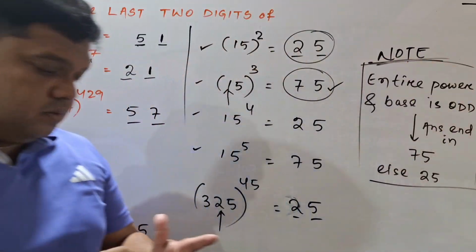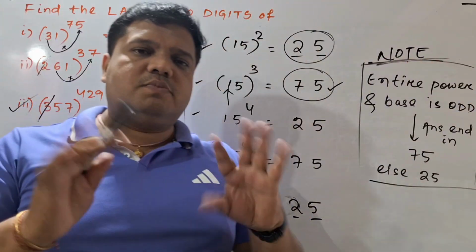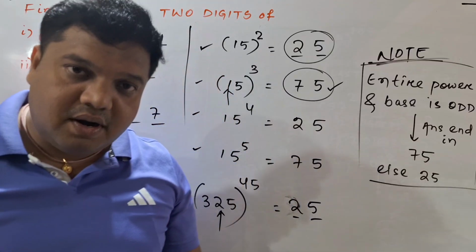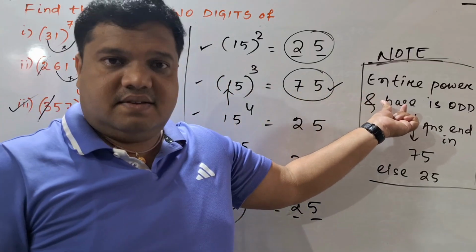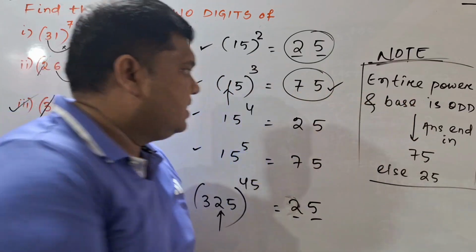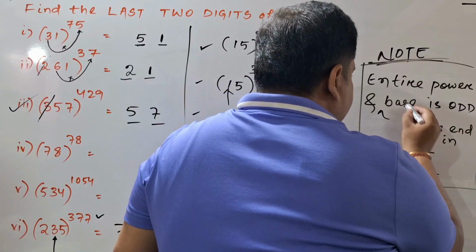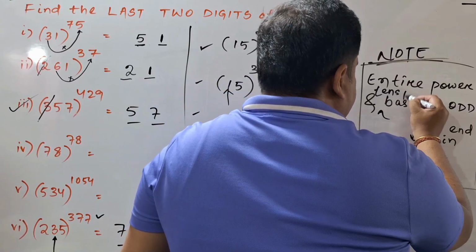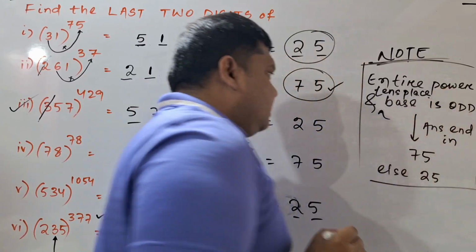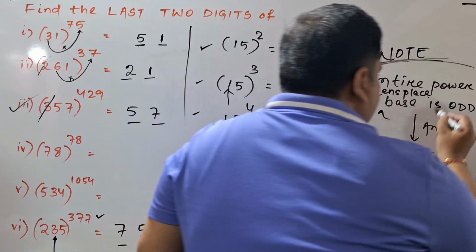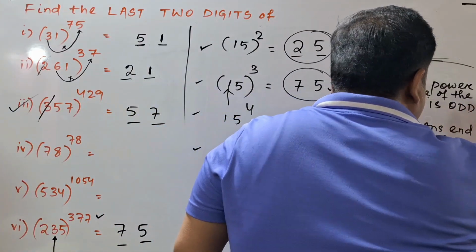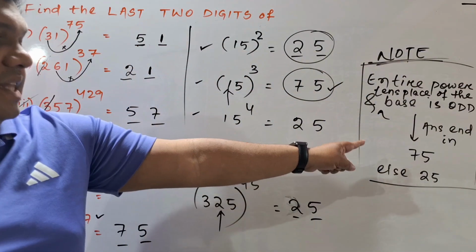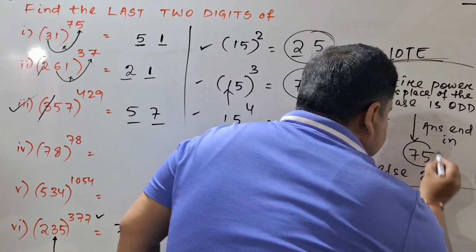Whatever the power is, if the tens place of the base is odd along with an odd power, then the answer ends in 75, else 25.